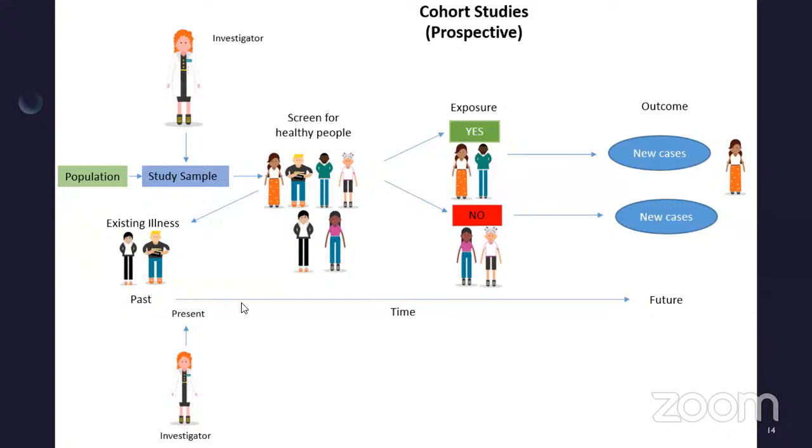Now you're going to go forward in time to the future, looking at what exposure status. Are they exposed? Are they not exposed? Now, did we get an outcome? Look at the outcome. Are there any new cases in the exposed group? Are there any new cases in the unexposed group? So this is what is known as prospective, going forward in time.